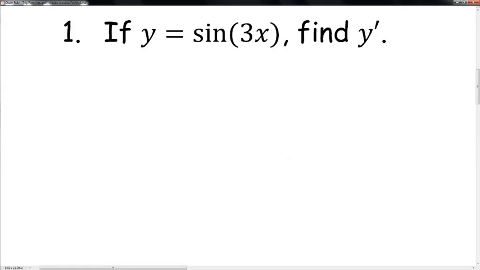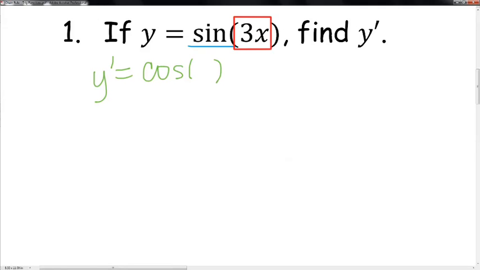Alright, number one, if y is equal to sine of 3x, then y prime is equal to, well, my outside is the sine, the inside is this linear function 3x, so my shell is sine, my chocolate in this case is 3x, so I have to take the derivative. So the derivative of my shell is going to be cosine.